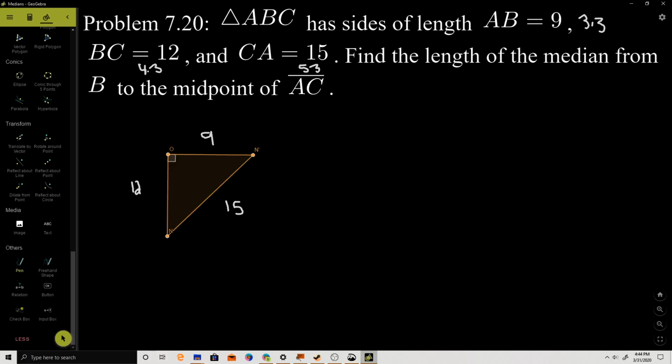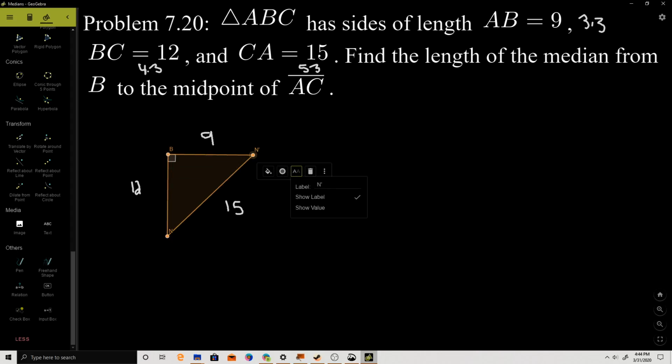Now, find the length of the median B to AC. Alright, so I should probably change these points. So this one should be B. Wait, shouldn't? Yeah, because CA is the hypotenuse. Yep.